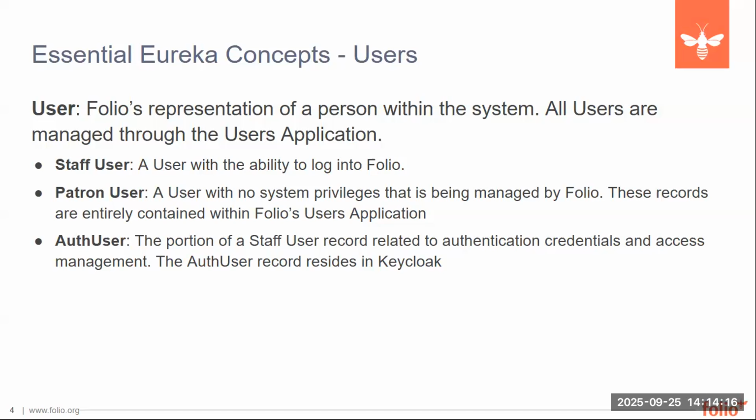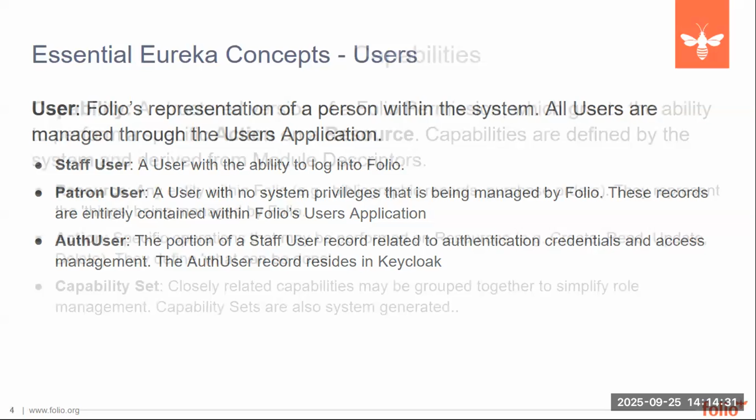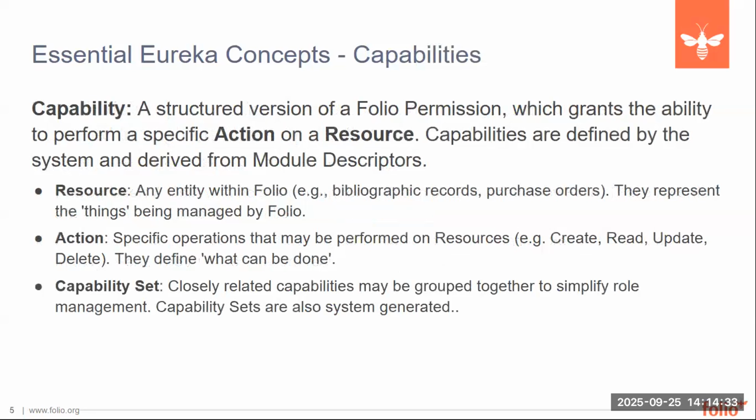So we separate out the auth user piece, and the auth user metadata is kept in Keycloak with Eureka, as opposed to the other pieces of the user record, which will remain in Folio as of now and forever.